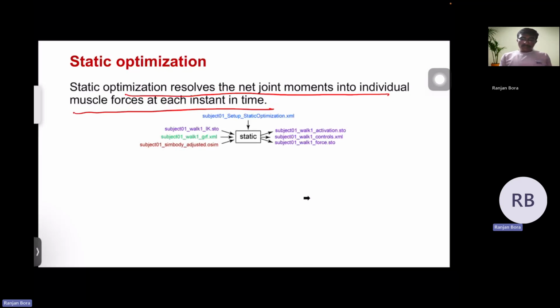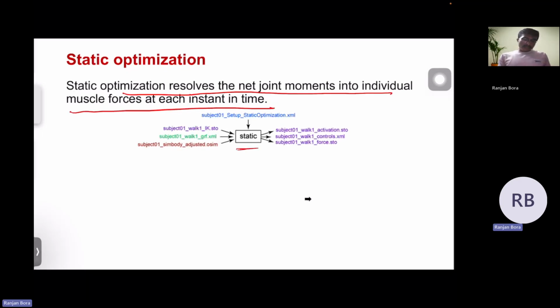In the static optimization tool, these are the inputs: this WAC1_IK, which was the output from the inverse kinematics. Then we input the ground reaction force data, the musculoskeletal model, and one XML file to set up the different settings parameters. And these are the outputs, from which we know the muscle activation, muscle force, and muscle controls.